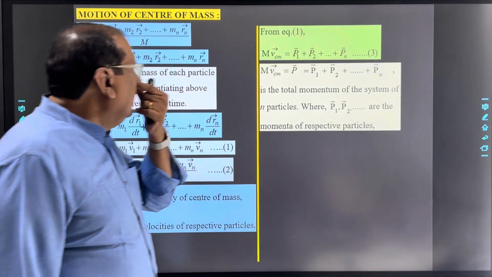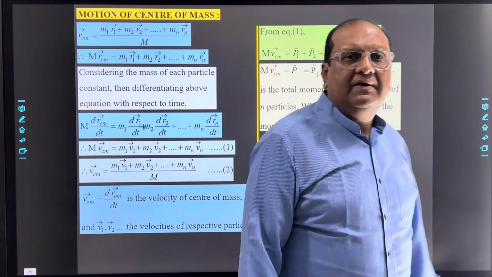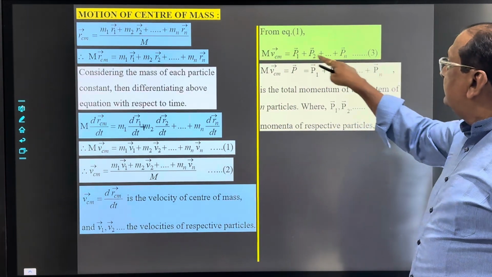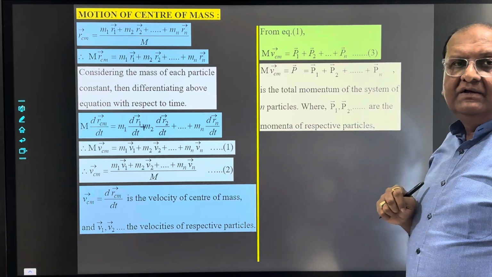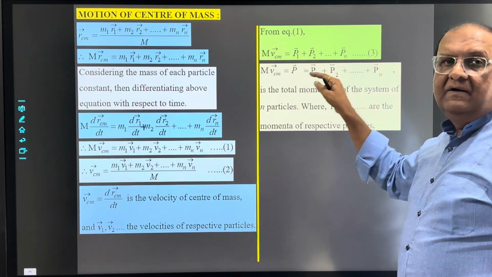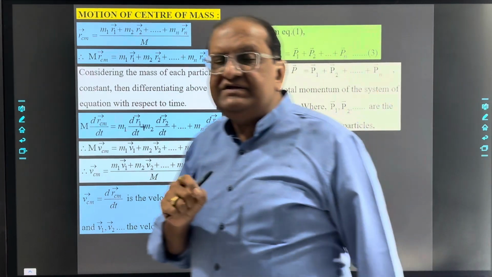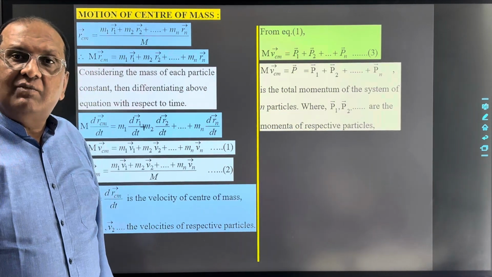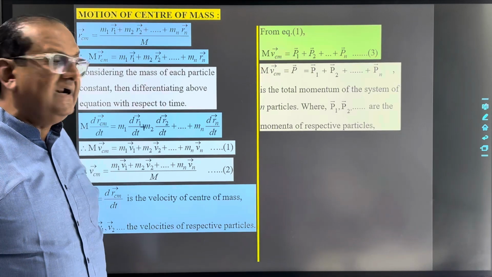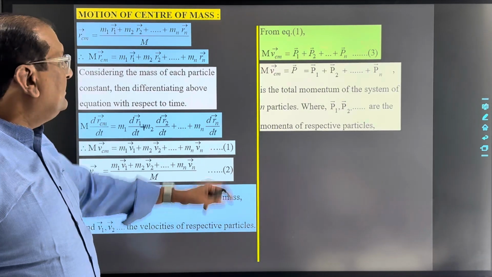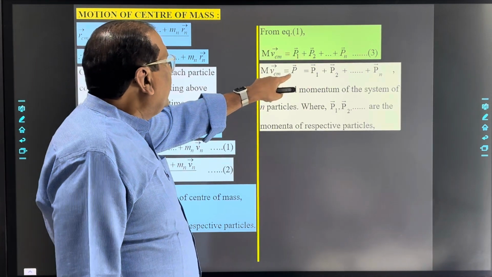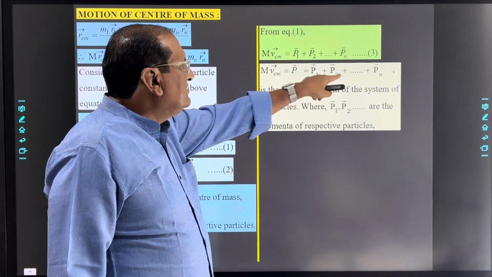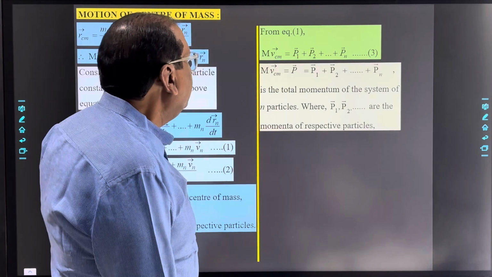The vector sum of the linear momenta of each and every constituent particle gives the total linear momentum of a system of particles. Let's represent it with P. So we can write M V_CM = P = P1 + P2 + P3 + ... + Pn.